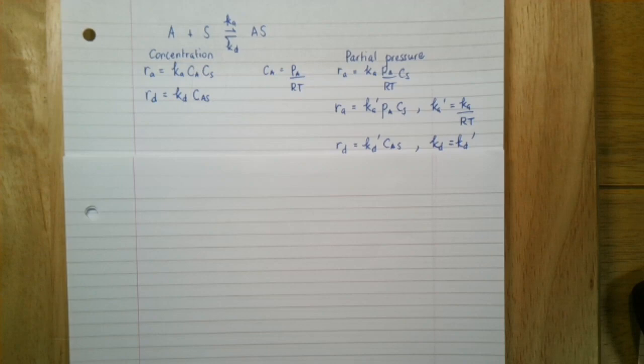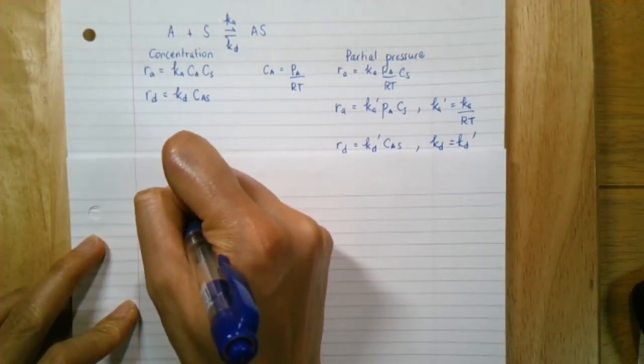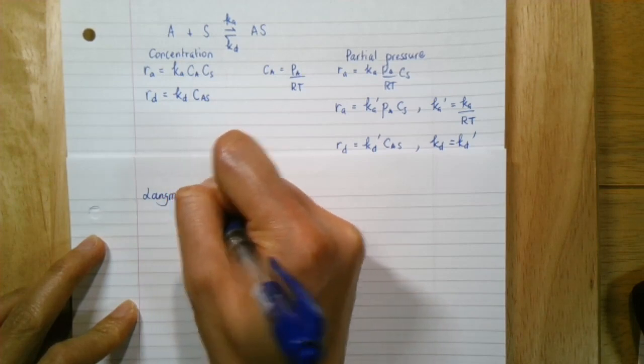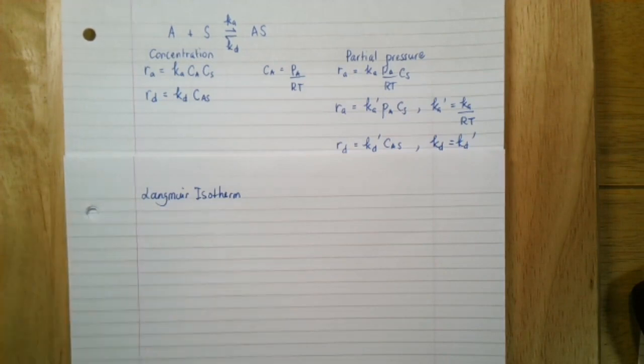So now let's derive the Langmuir isotherm. As I've said, this can be used to determine the surface coverage, or the fraction of the catalyst surface that is covered by adsorbed species. The Langmuir condition states that the adsorption is in equilibrium with desorption.